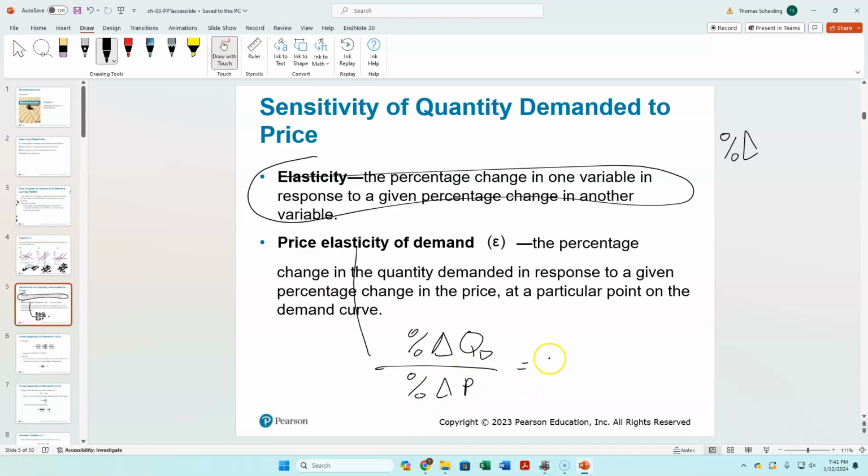For a demand curve, it's always going to be negative, because either the price is going up and the quantity demanded is going down, or the price is going down and the quantity demanded is going up, which gives it a negative term. And again, we can imagine it going all the way out from 0 to negative infinity.